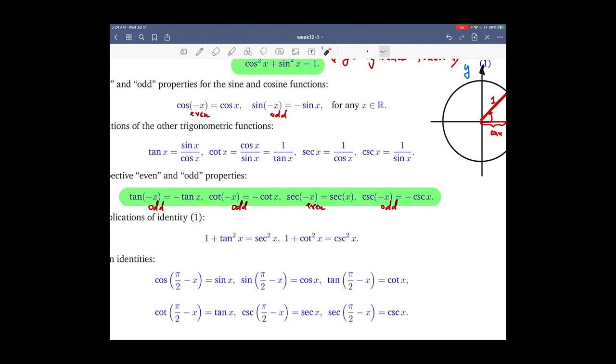These are definitions of these functions. Tangent is sine over cosine, cotangent is reciprocal of tangent, so cosine over sine, secant is 1 over cosine, and cosecant is 1 over sine. All that we know.